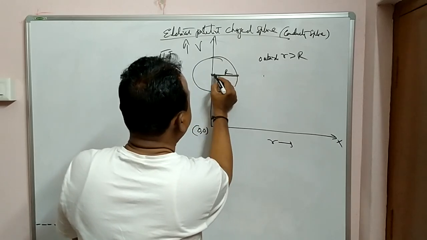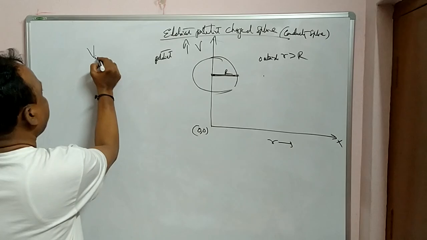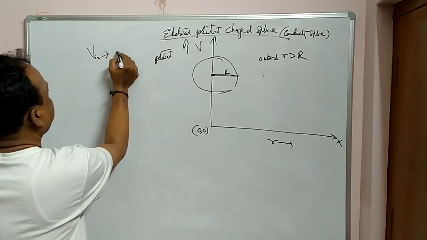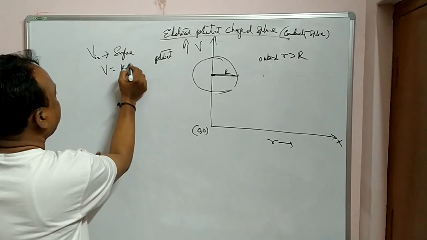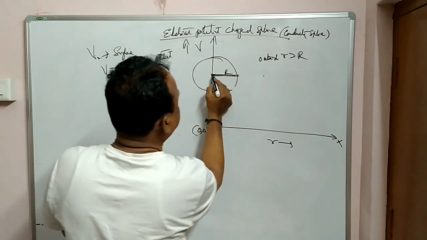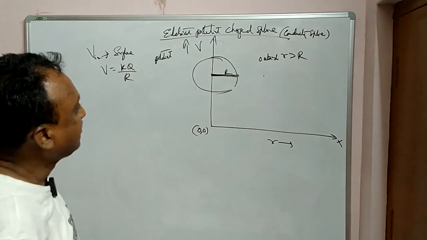As you know, inside and on the surface the value is the same. What is V? KQ by R only. So the same value.